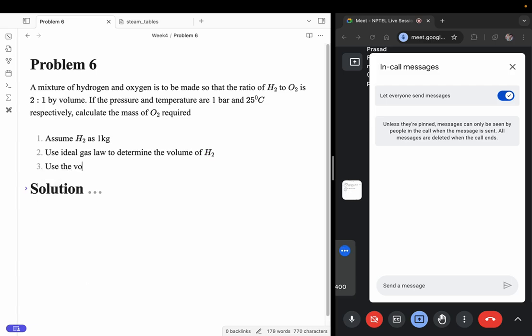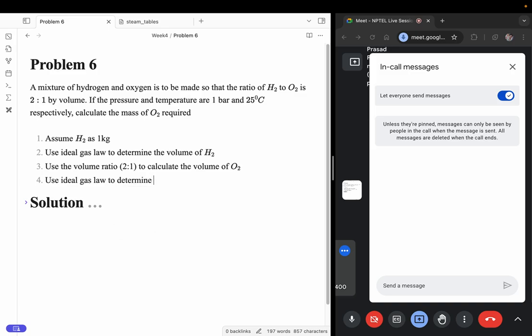Use the volume ratio, which is 2:1, to calculate the volume of oxygen. Once you know the volume of oxygen, you again use the ideal gas law to determine the mass of oxygen. So it's straightforward. Maybe you can take a couple of minutes to solve this.